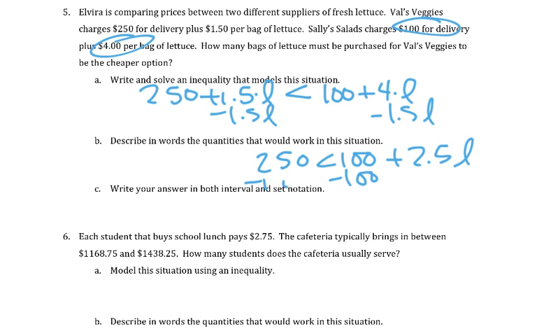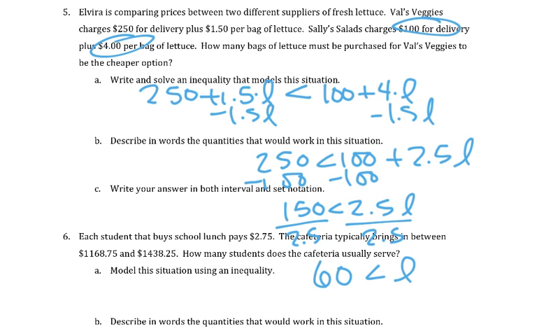Subtract 100. We get negative $97.50 is less than 2.5 L. Divide by 2.5, and we get 60. So 60 is less than L. So basically we have to order more than 60 bags of lettuce.